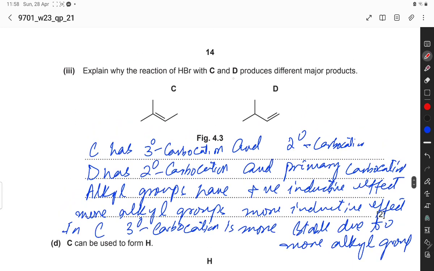Explain why the reaction of HBr with C and D produces different major products. C has a tertiary carbocation and a secondary carbocation. D has only a secondary carbocation and a primary carbocation. This is tertiary and this is secondary, while D has this secondary and this primary.